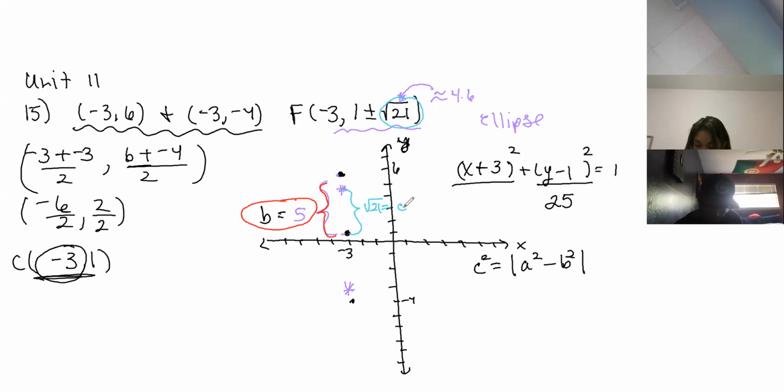Okay, so I'm going to plug it in. Before I do, which one's going to be bigger, A or B, if the foci move in the same direction as the major axis? I'm going to repeat that.